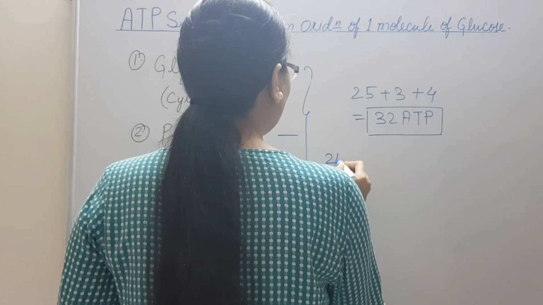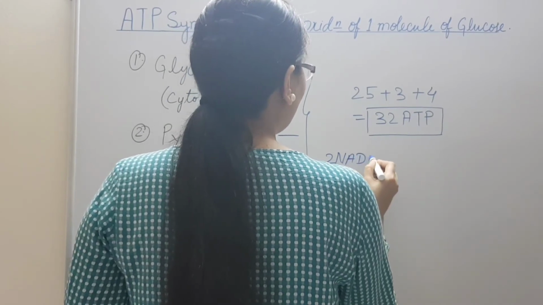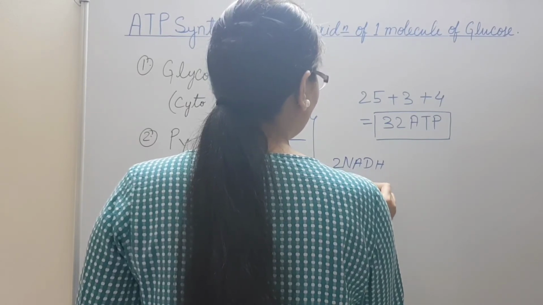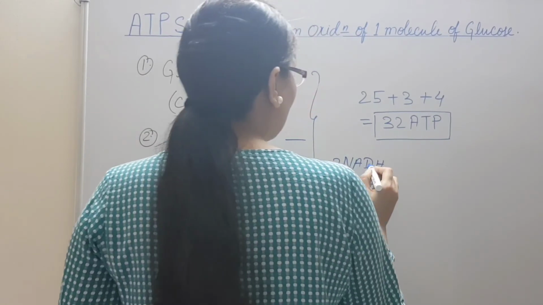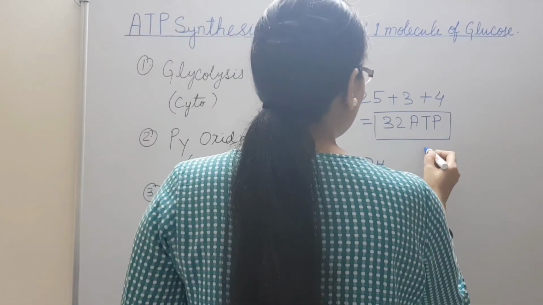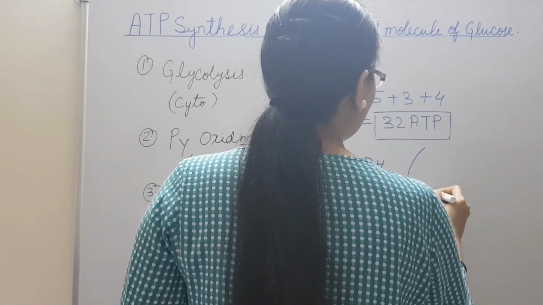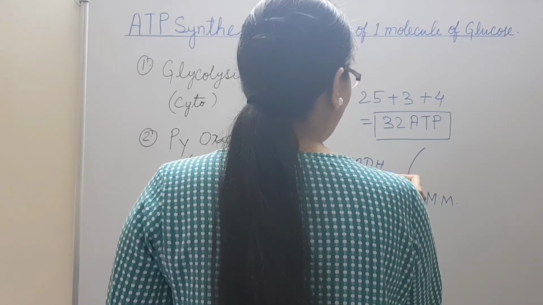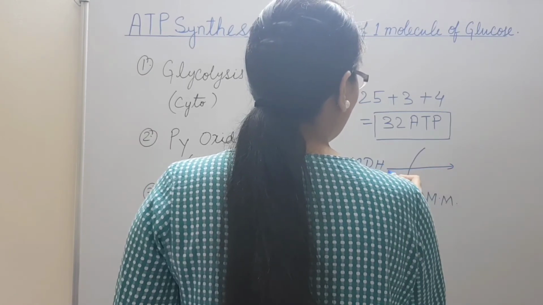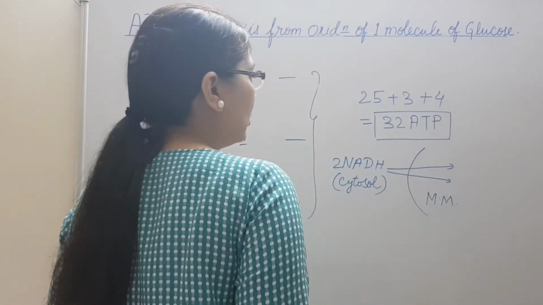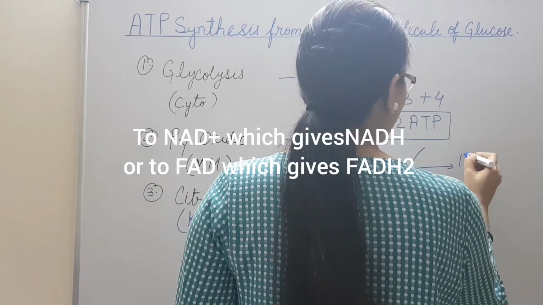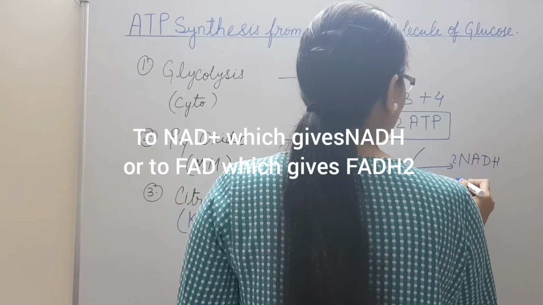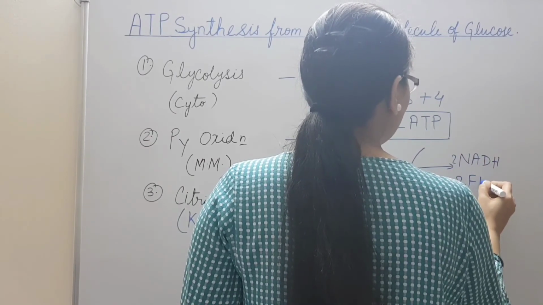The 2 NADH molecules that we get during glycolysis are present in the cytosol. These cannot enter the mitochondrial matrix. So they pass their reducing equivalents to the mitochondrial matrix, either to NADH or to FADH2.